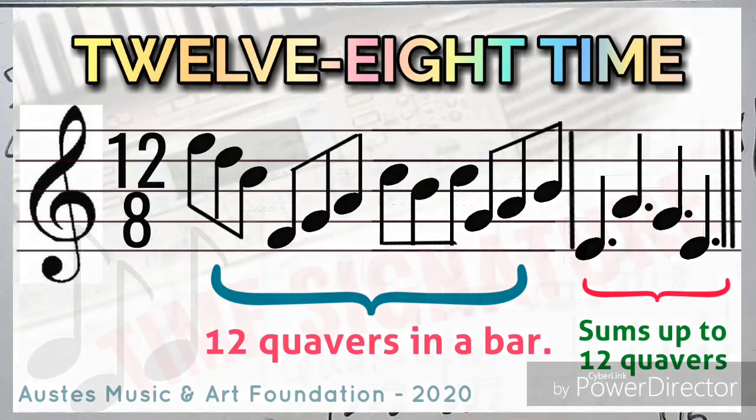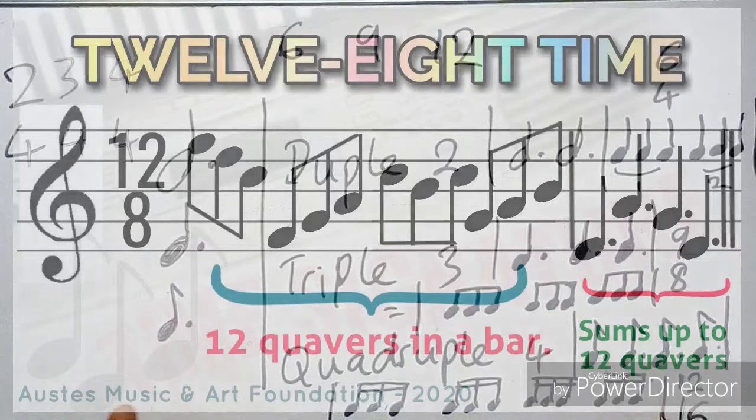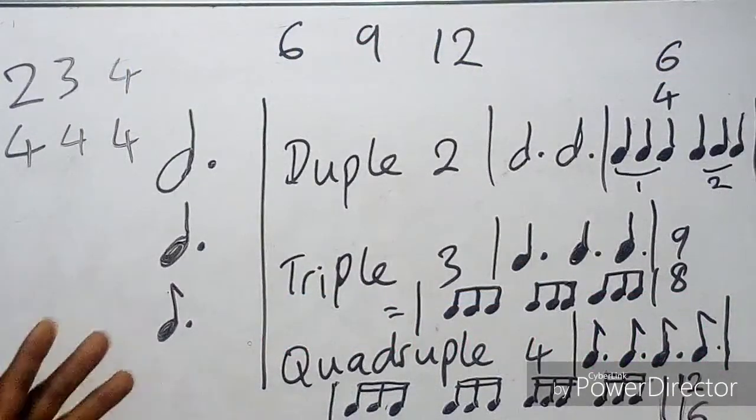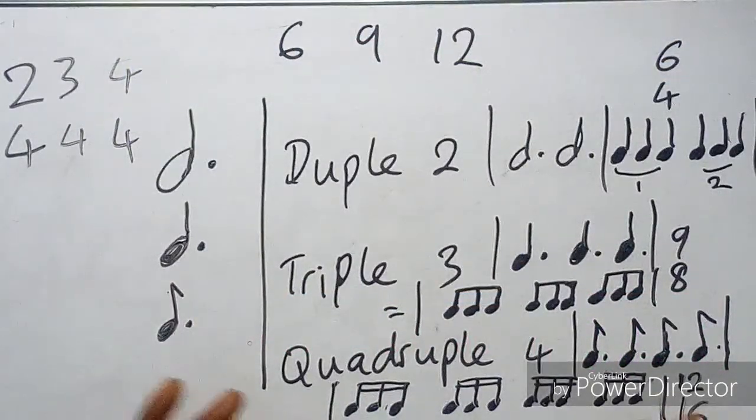Now, the note that takes the value of 1 beat does not determine the tempo of a piece of music. For some persons, they feel that when the note that takes the value of 1 beat is a quaver or semiquaver, then the tempo will be very, very fast. But it is not so.